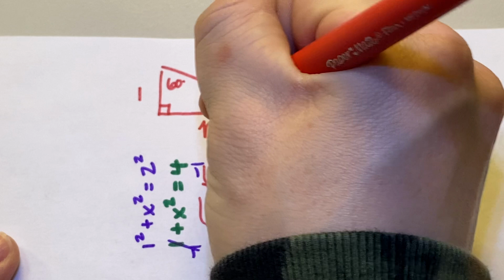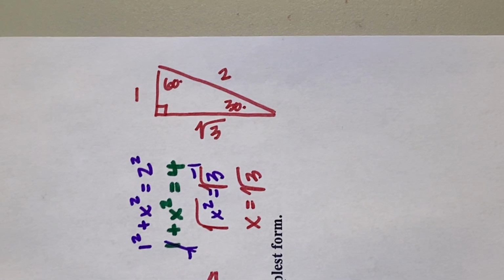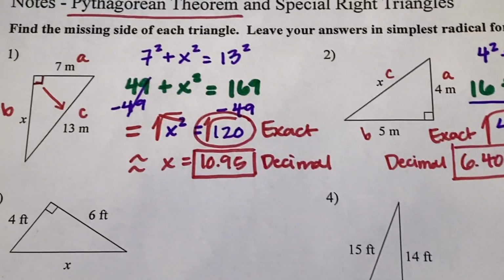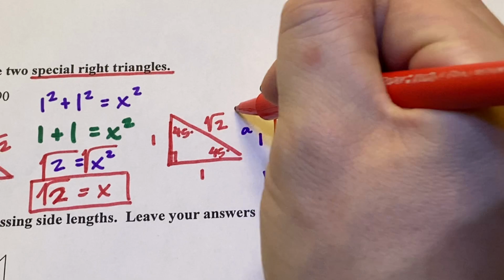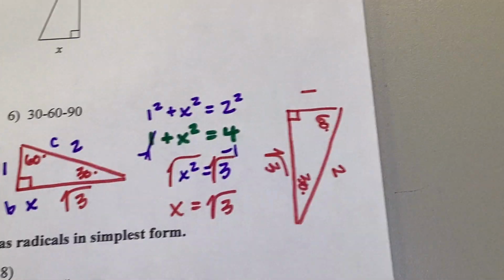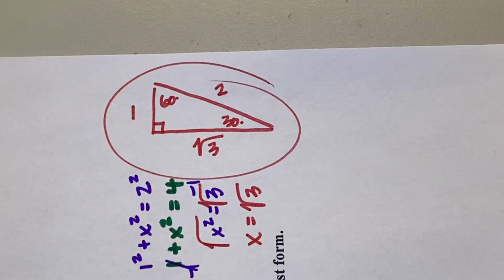And then my other leg is root 3. Okay, we have both special right triangles that we are going to refer to. We have our 45, 45, 90. We have our 30, 60, 90.